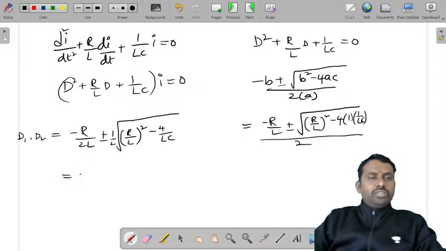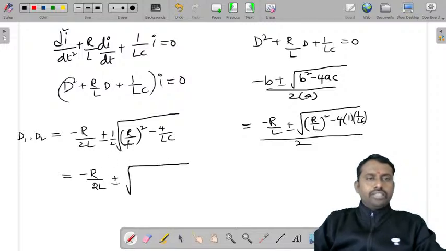So further if you want to simplify, you can simplify this as minus R by 2L plus or minus, just take this 2 inside, that will become 1 by 4. So 1 by 4 R by L whole square minus 4 by 4 LC. So 4 and 4 will get cancelled.